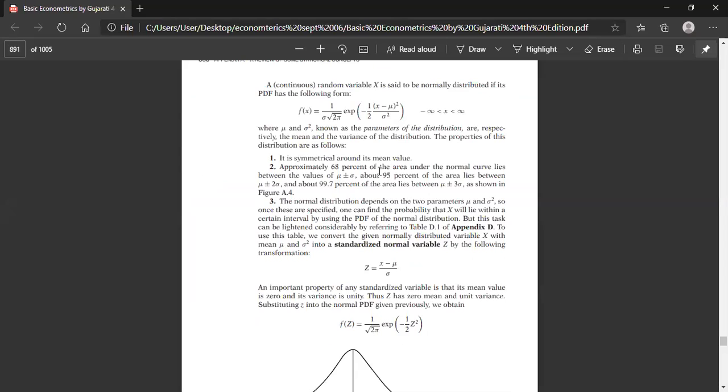Look at the density function. If x is a continuous random variable, it is said to be normally distributed if the density function has the following form: 1 over square root of 2 pi sigma square, e to the minus half x minus mu over sigma, whole square. So this is the density function.